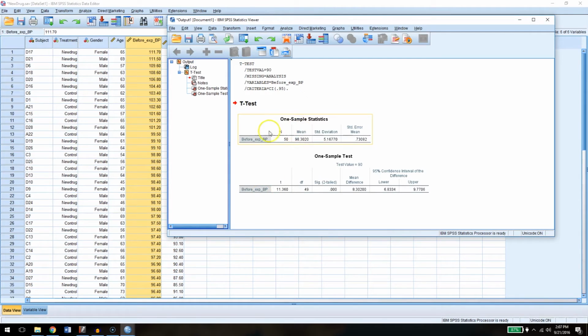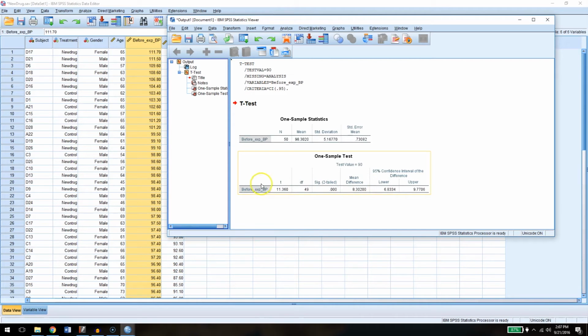You can see up here in the first table, it gives us the N, of course, 50 people. The mean of the before blood pressure, 98.3, which sure seems like it's higher than 90, but we're not sure if it's significant. And then we get the standard deviation, which is 5.17. Don't worry so much about standard error for now.